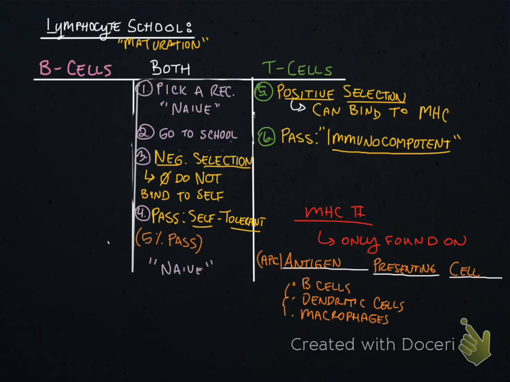So know that list right there. Remember, MHC1 molecules are found on all nucleated cells. MHC2s are only found on antigen presenting cells.